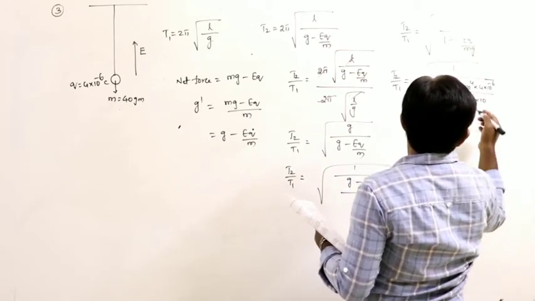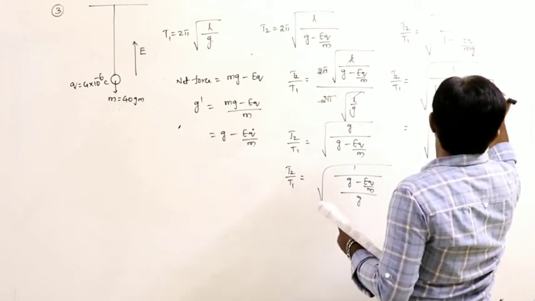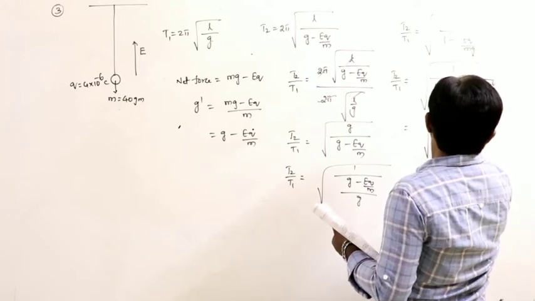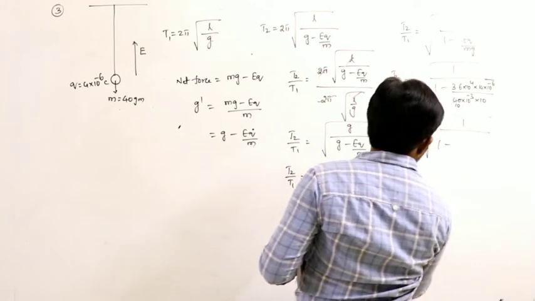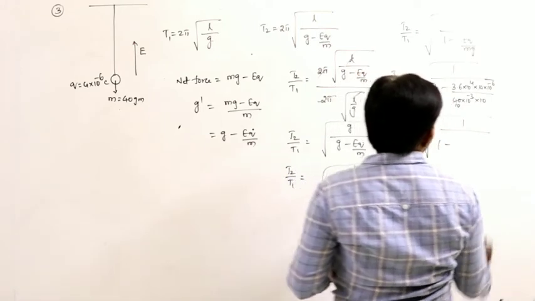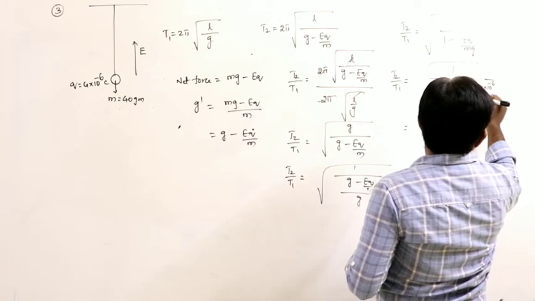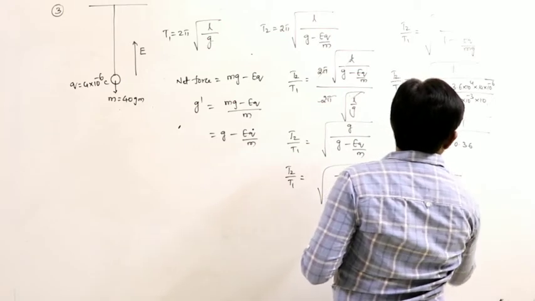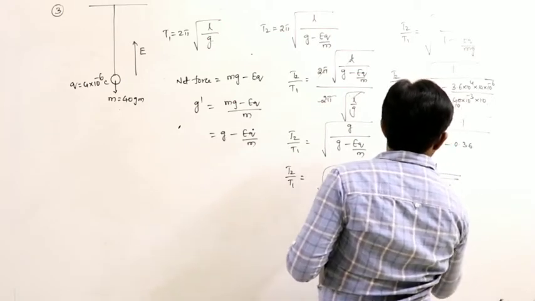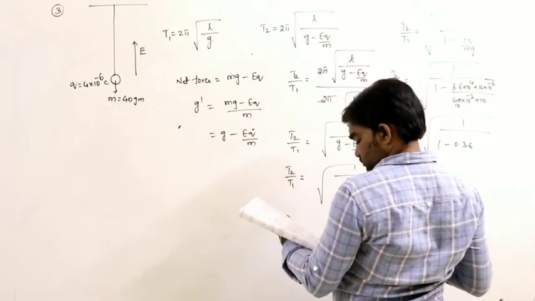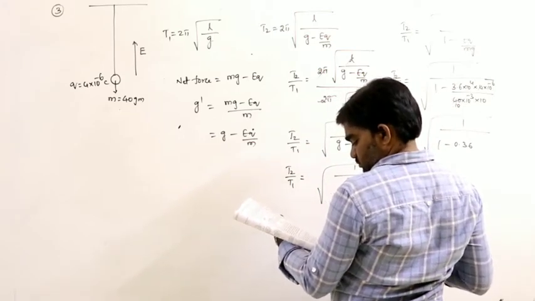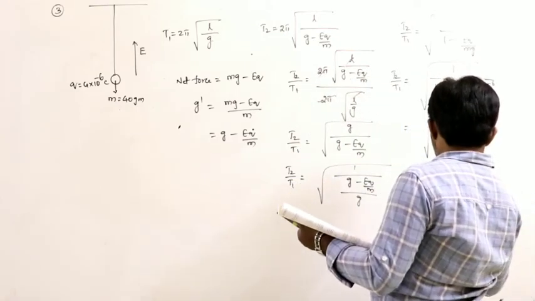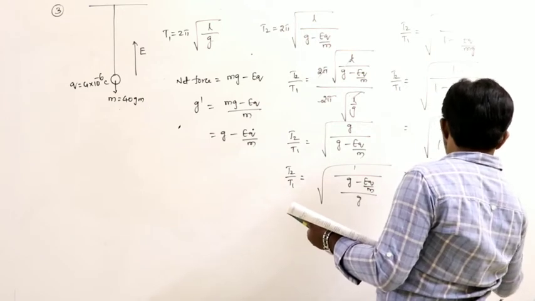So 1 by 1 minus 0.36, which is 1 by root of 0.64, that is 1 by 0.8. This 1 by 0.8 means 10 by 8, that is 1.25.